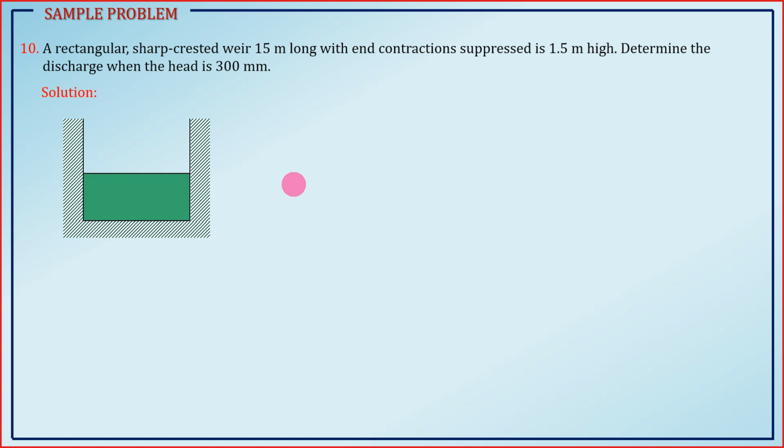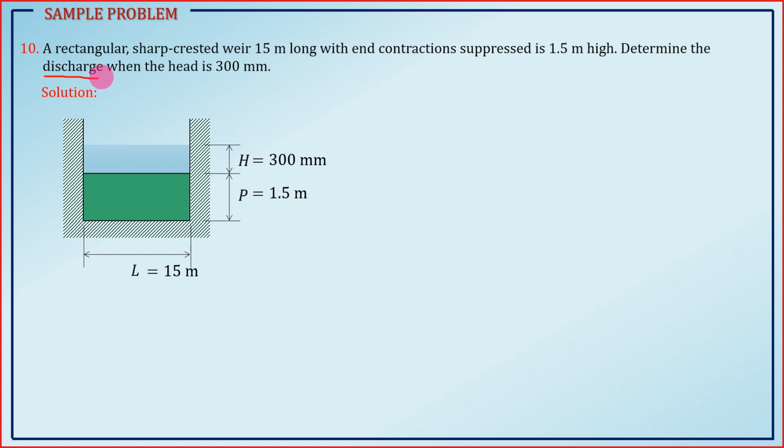Given tayo ng head ng water na 300 millimeter, and we have this height ng weir, given din na 1.5 meters. So, yung head natin 300 millimeter. Then, this would be our length. The length is given 15 meters. So, we are asked to solve for the discharge.